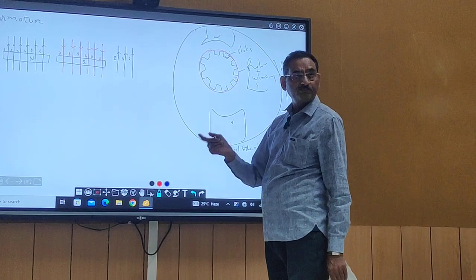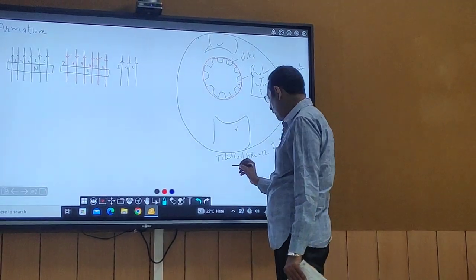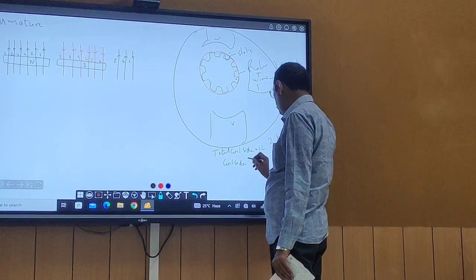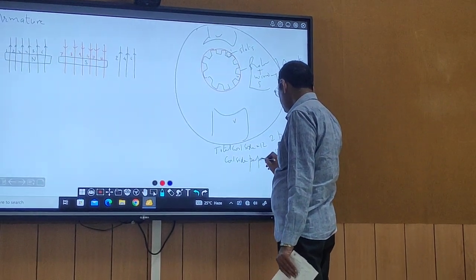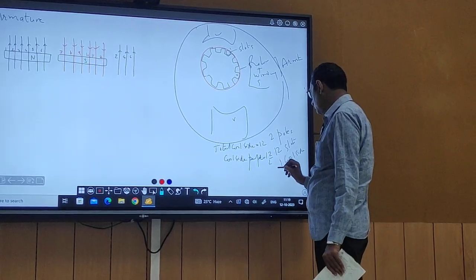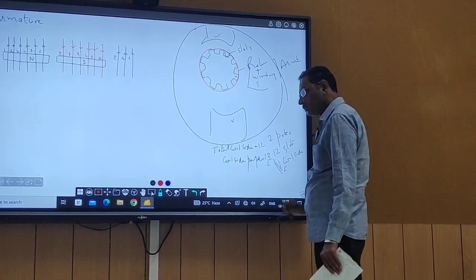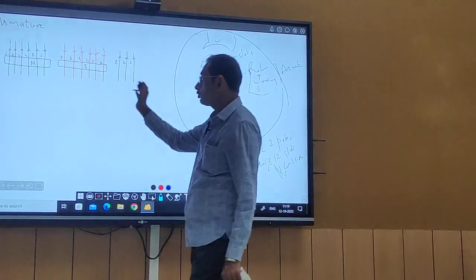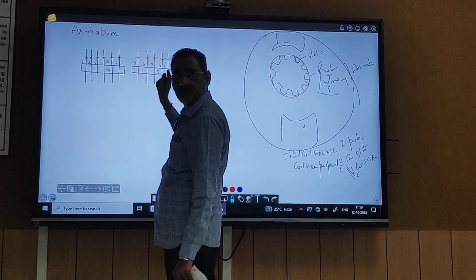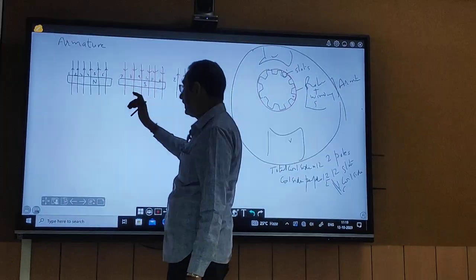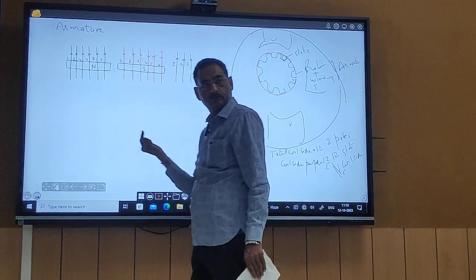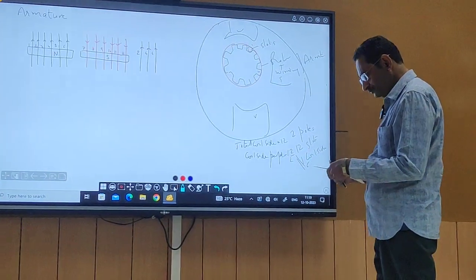So coil sides per pole, how much will it be? 12 divided by 2 is equal to 6. So there are 12 coil sides: 1, 2, 3, 4, 5, 6 and 7, 8, 9, 10, 11, 12. Under north pole there will be 6, under south pole there will be 6. Does anyone have any problem up to here?